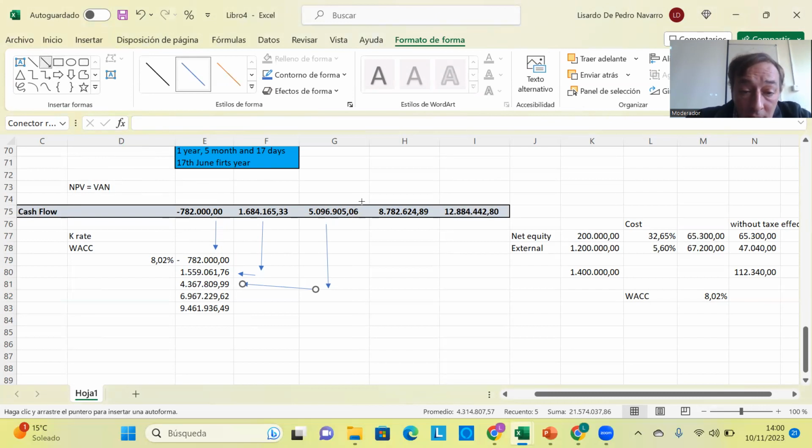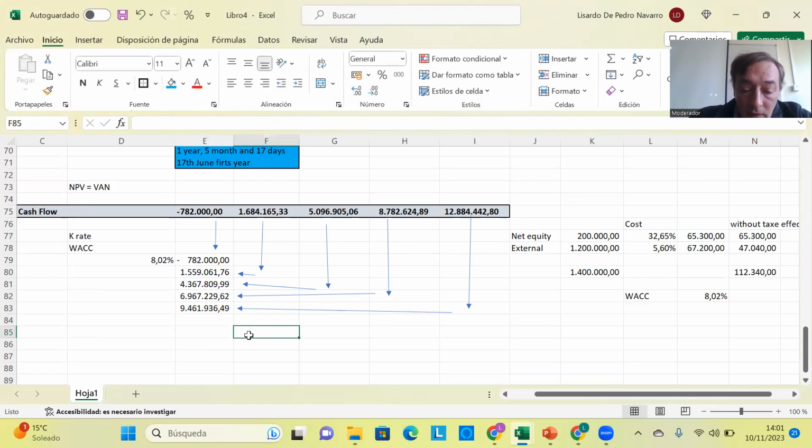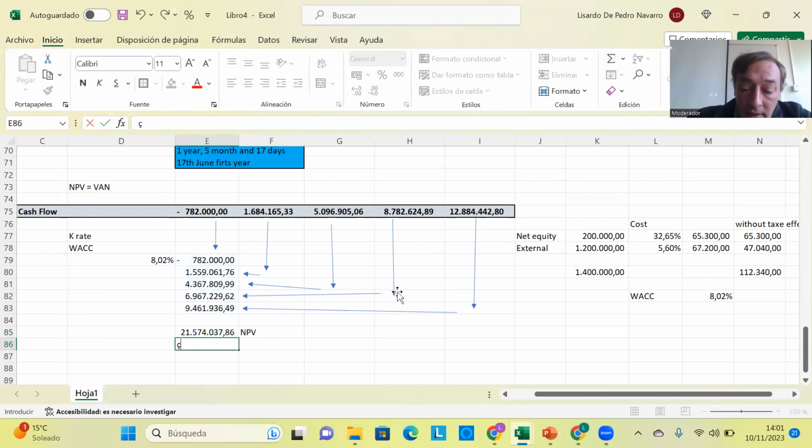This one is going to be that one, and this one is going to be that one, discounted with the WACC average. So net present value is going to be when we added all this one.